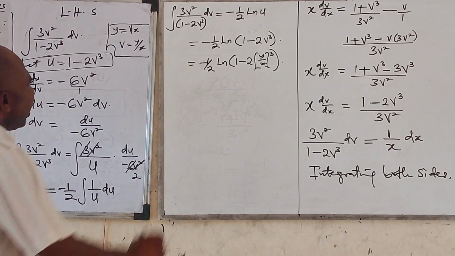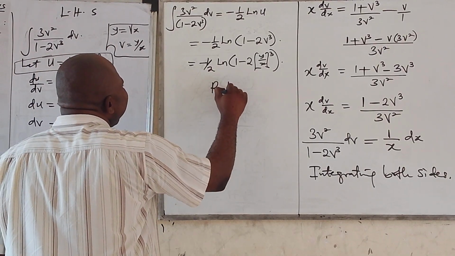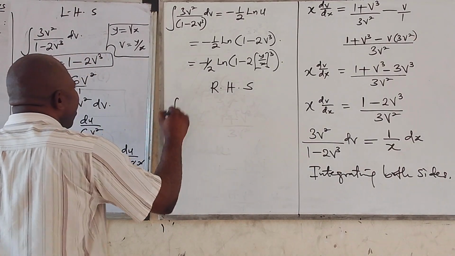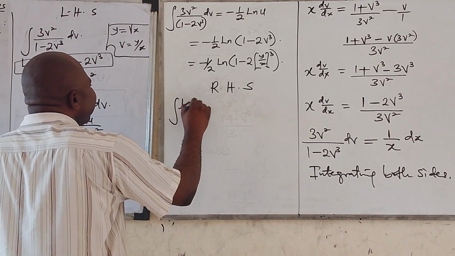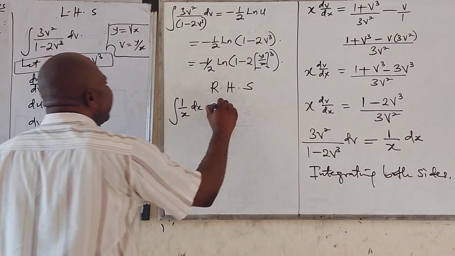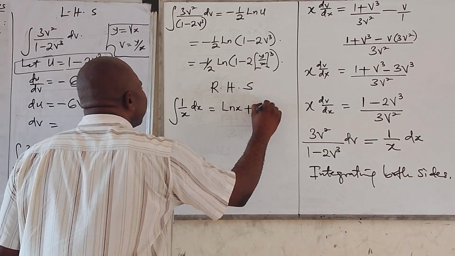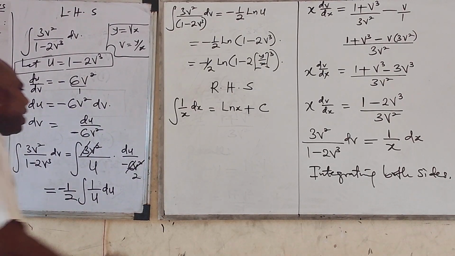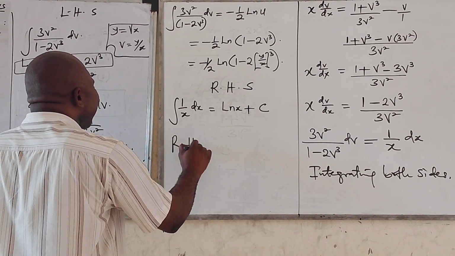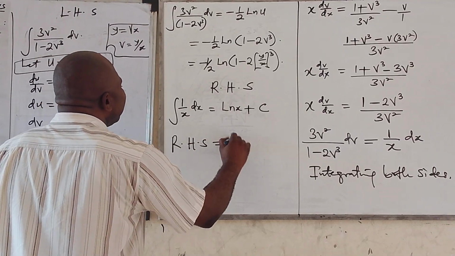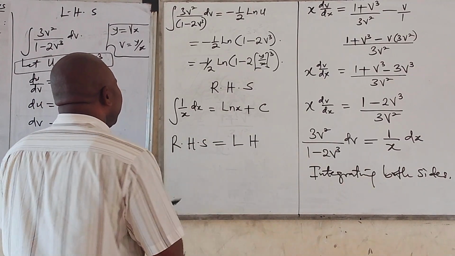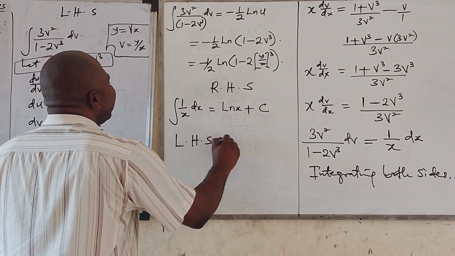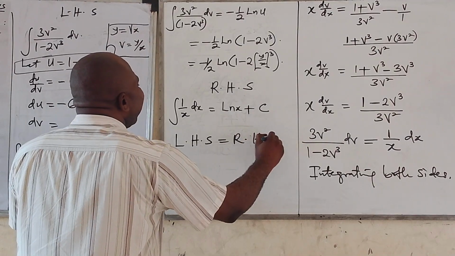Now let's look at the right hand side. Integrating 1 all over x dx, when you integrate 1 over x, it gives ln x plus c. Remember the left hand side is equal to the right hand side.